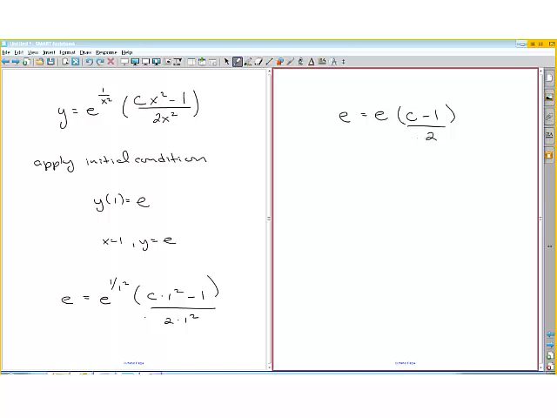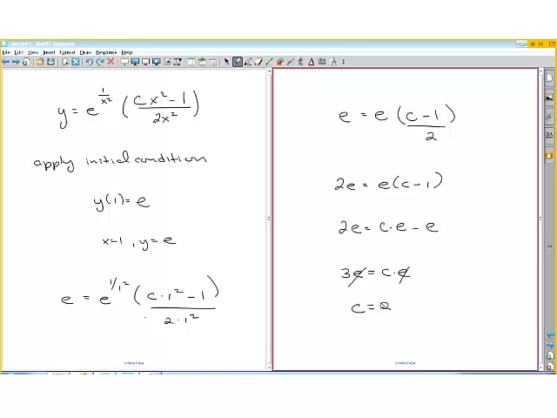Okay, so I have to solve for c. I'm going to multiply both sides by 2. So I get 2e is equal to e times the quantity c minus 1. Distribute the e. So I get c times e minus e. I add e to both sides, so I get 3e is equal to c times e.